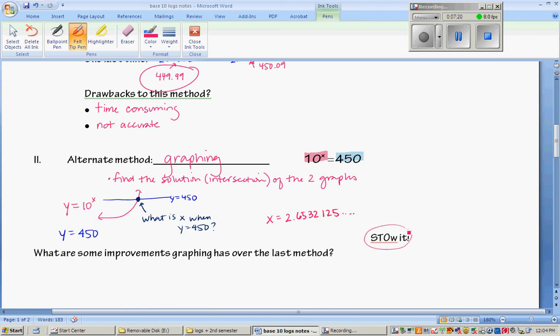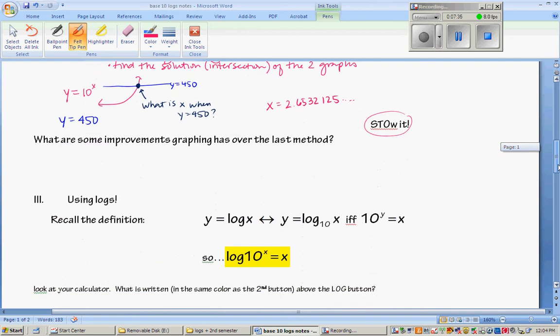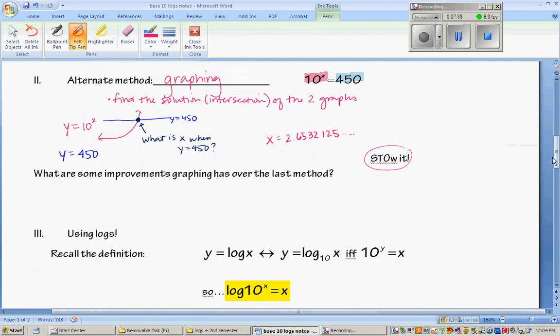There's going to be a whole different video on how to do fancy things in your calculator, which will include this. Now, that wasn't too bad, and it was far less time consuming. What are some improvements graphing has over the last method? Much less time.